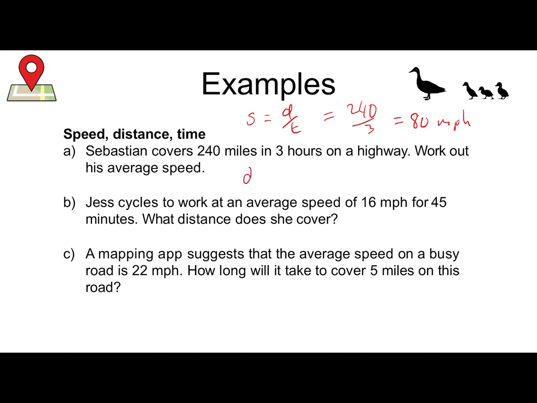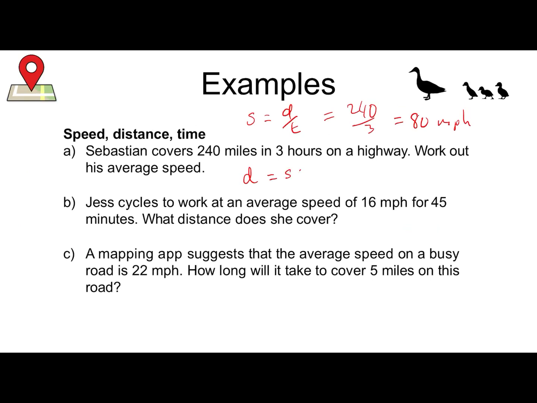Now, Jess cycles to work at an average speed of 16 miles per hour for 45 minutes. What distance does she cover? Well, again, distance is equal to, check the right formula, speed times time. Okay, so speed is 16, but what is time?